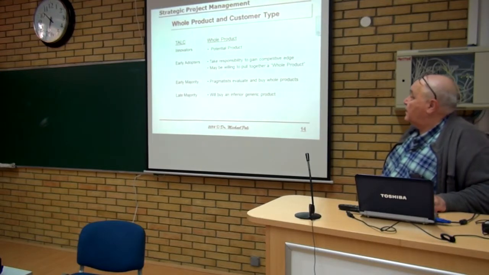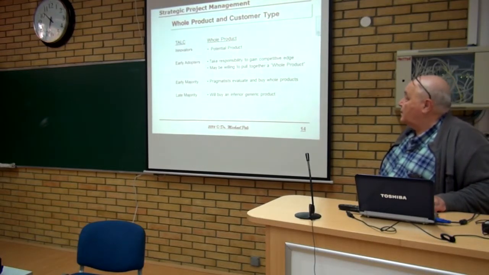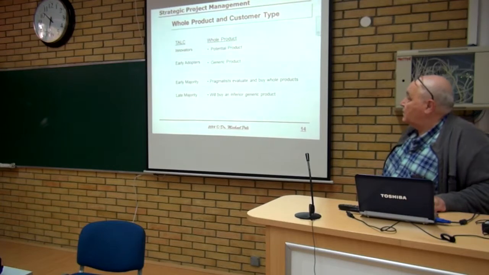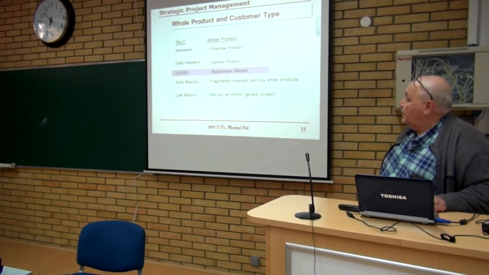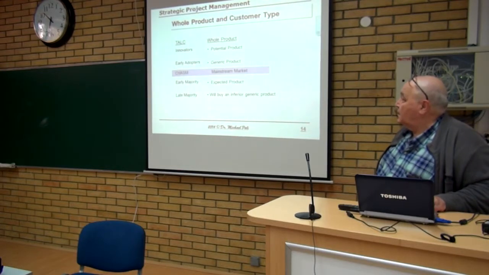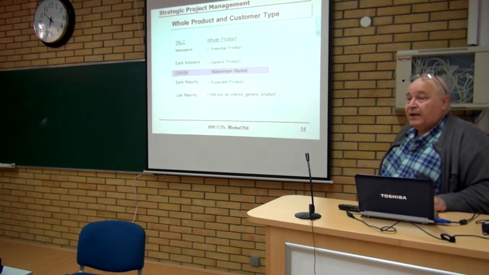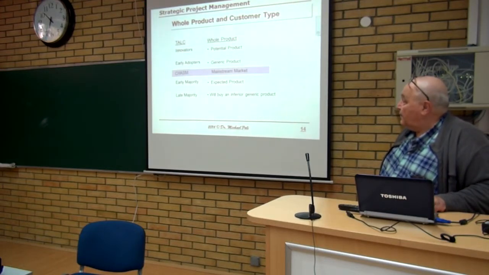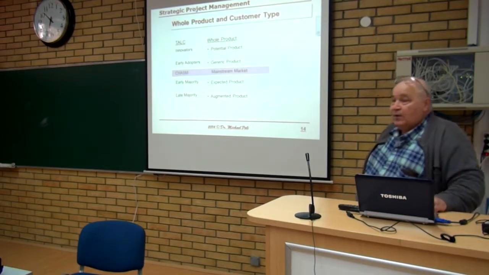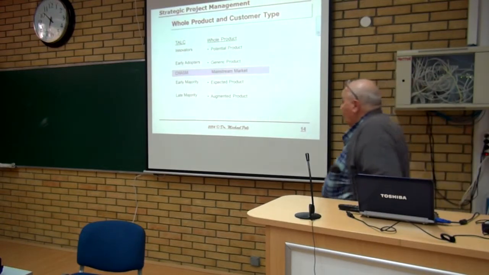The innovators were really looking for the potential product. The early adopters were looking for the generic product. Then we're crossing the chasm, right? You know the chasm from the technology adoption life cycle. Then we got the expected product for the early majority. And then the late majority, they're getting augmented product.